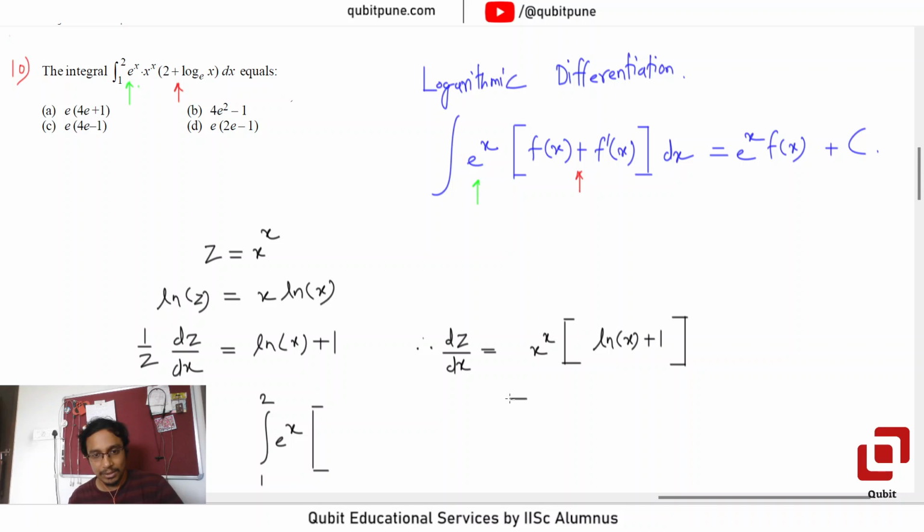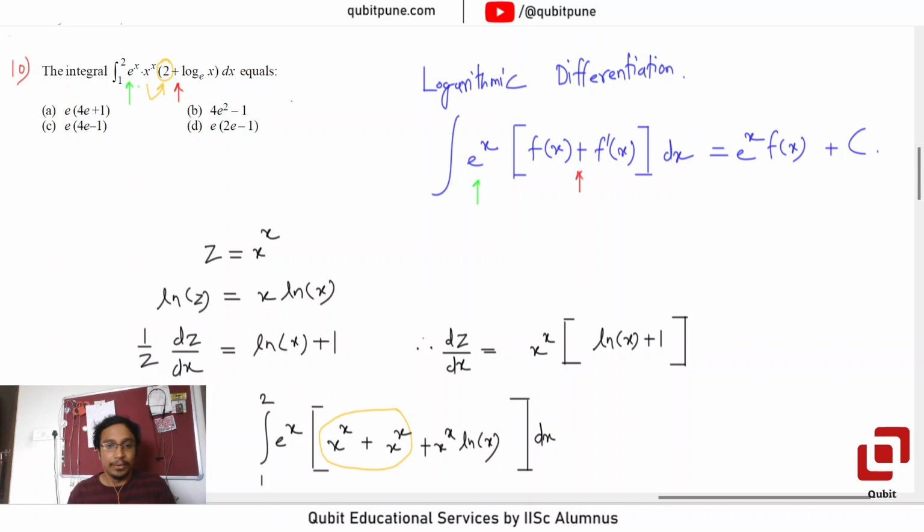What we can do is absorb that x raised to x inside. So it will be 2 times x raised to x, write one x raised to x here, and one x raised to x here, and plus x raised to x ln x. I've not done anything different. All I have done is taken this inside, and for this too I have written it as x raised to x plus x raised to x.